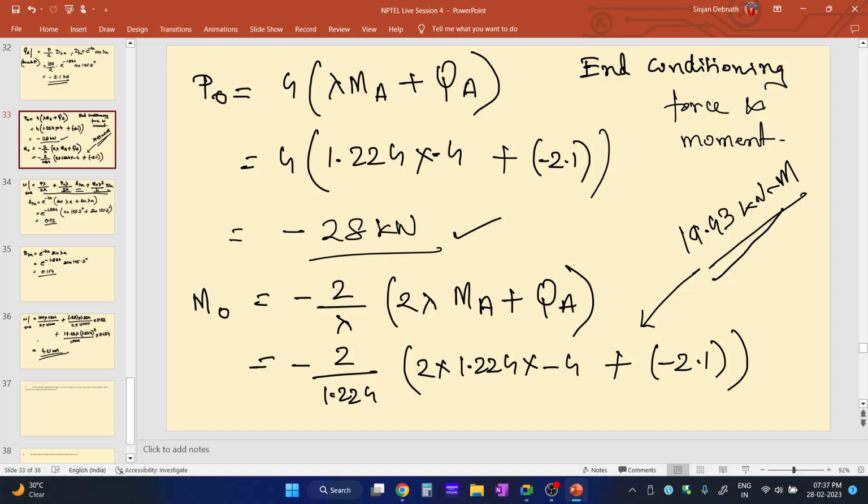Actually, we are assuming, see, at the free end there will be no shear force, right? There will be no shear force. But for P0, that is the load is acting.